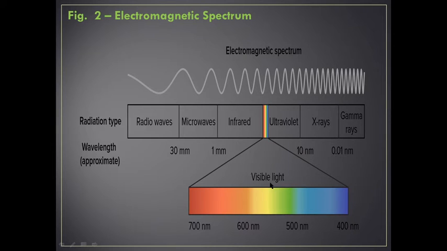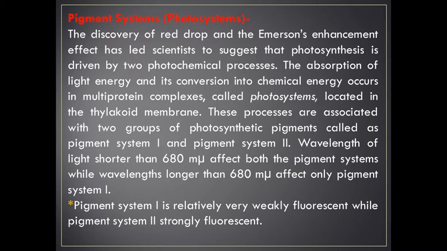Now this visible light has the range between 400 nanometer to 700 nanometer, and it contains seven different colors. This 400 to 700 nanometer of light is useful for photosynthesis. That's why this light is known as the visible light of the spectrum.